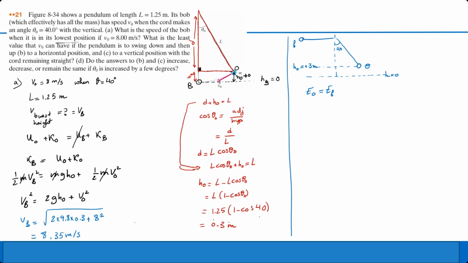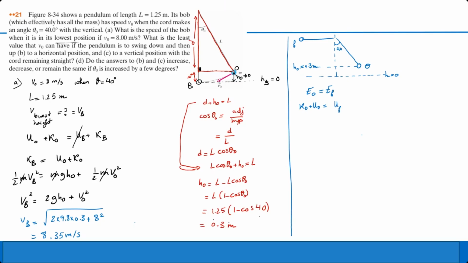My only issue is with the final point that I'm studying. So the energy at O will be K at O plus U at O, and E final will be, okay, let's look at our final point. Our final point definitely has a big height, so we have some potential energy.